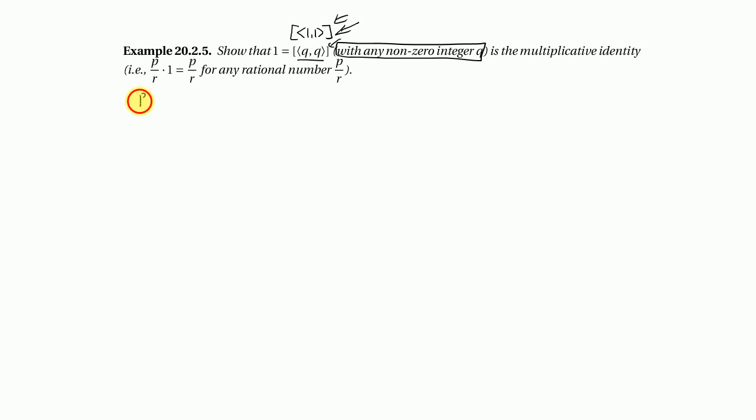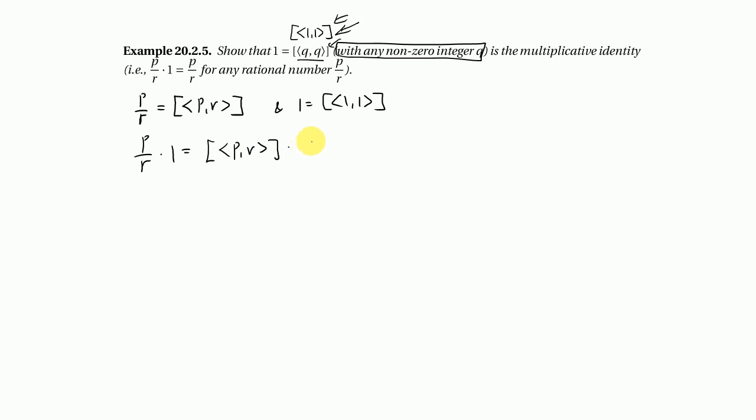So let's say p over r is representing (p, r), that equivalence class, and 1 is just (1, 1). Then p over r times 1 is (p, r) times (1, 1).